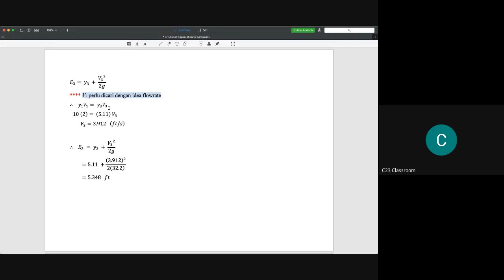We substitute everything: if the height Y3 here is 5.11 feet, then the velocity must be 3.912 feet per second. Okay, now we can calculate the energy at point number 3 by substituting the value of V3 into the energy equation here. And then we get the energy equal to 5.348 feet.